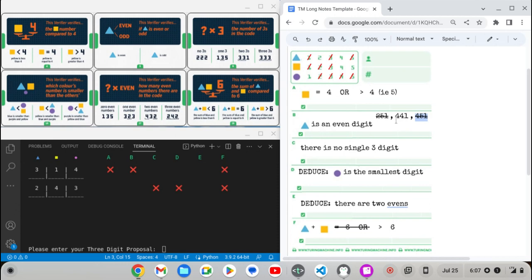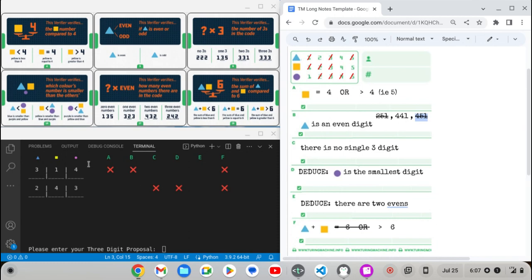So square is 4, so I'm deducing square is 4. Deducing square is 4. Triangle's even, no 3, circle's the smallest, 2 evens, and the sum is greater.